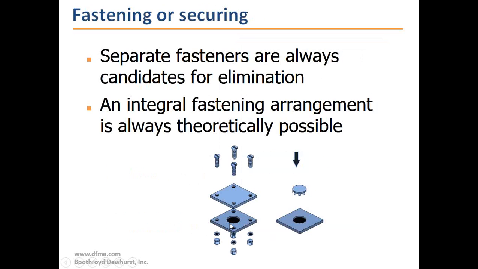So you can see here we're talking about covering a hole in this plate with this plate, 4 screws, 4 washers, and 4 nuts, or we could morph the design of this plate into one that had some integral fastening elements and accomplish the function of covering the hole in the plate without all those things whose sole function is to fasten. So if it fastens or it secures, it's always considered to be a candidate for elimination.